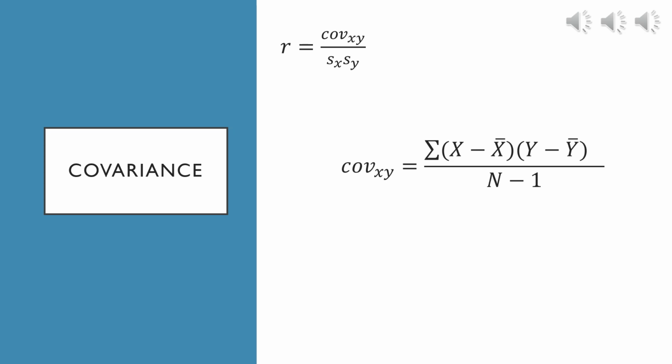And if you have high numbers on x and also high numbers on the y variable, then you also get very large positive numbers in that numerator, and that's going to give you a high overall covariance.